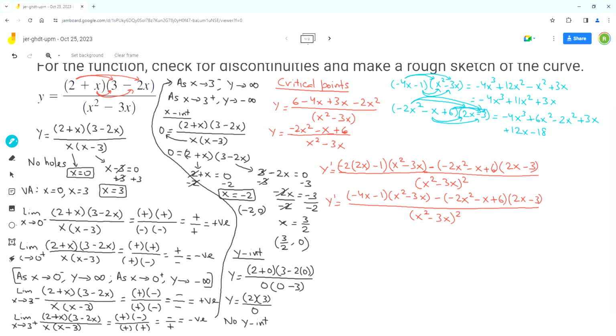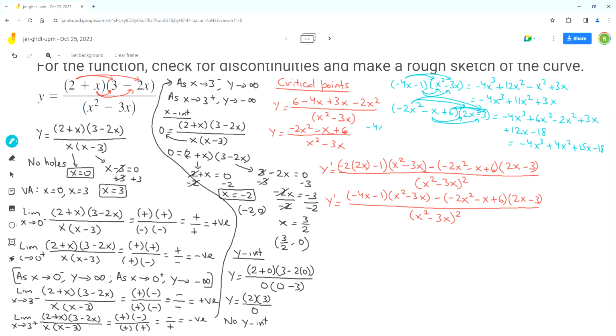And now we can combine like terms. If we combine the like terms, we get -4x³. Now we can combine the x² terms, plus 4x², and then plus 15x minus 18. Now we can subtract these two results.